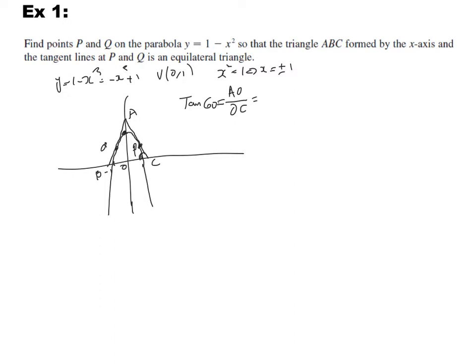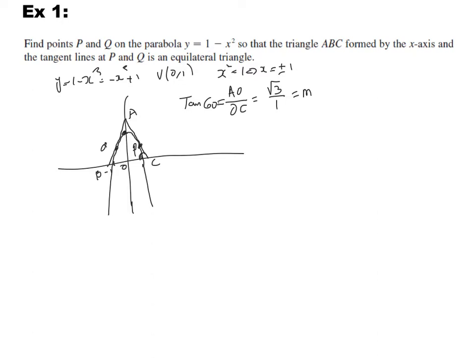But the tangent of 60 is square root of 3 over 1. Now if we look at this one, AO over OC is just the slope of the line AC. So this is m, the slope of the tangent line.